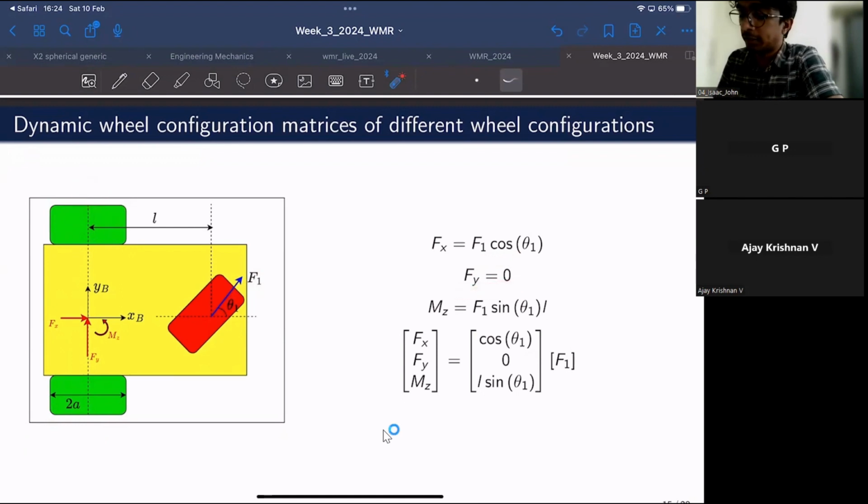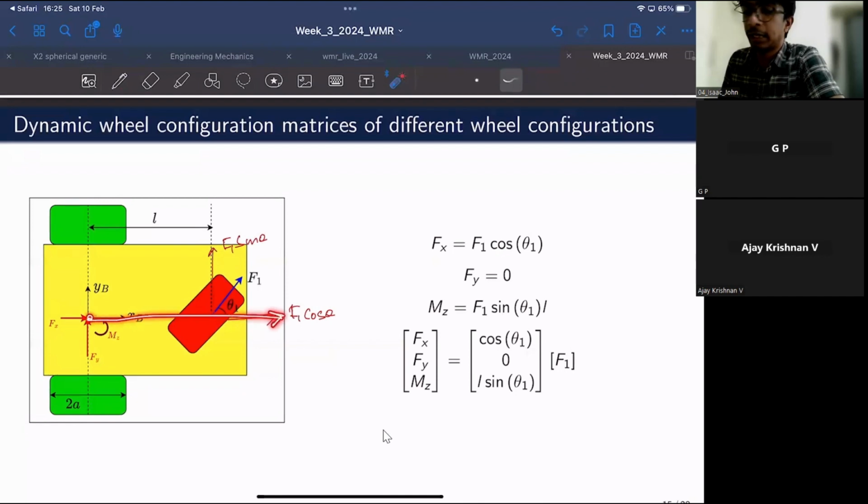And what is the moment about the z-axis? If you resolve F1 along parallel and perpendicular components, this will be F1 cos theta and this will be F1 sin theta. And F1 cos theta and the center of rotation coincide.